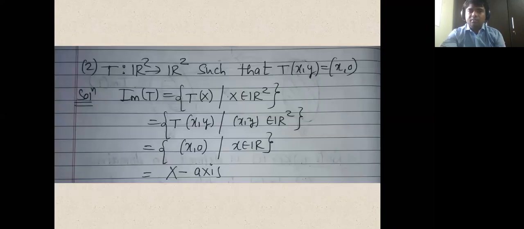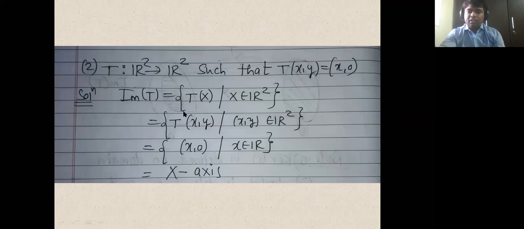Next exercise: T from R2 to R2 such that T of (x, y) equals (x, 0). Image of this T, by our definition, is T(x) such that x belongs to the domain R2.